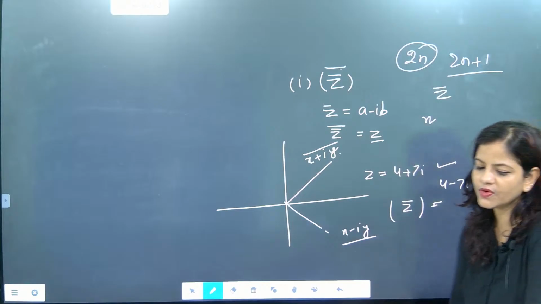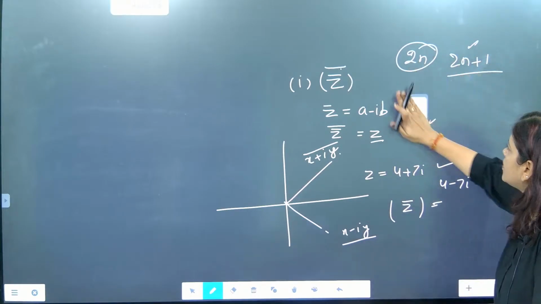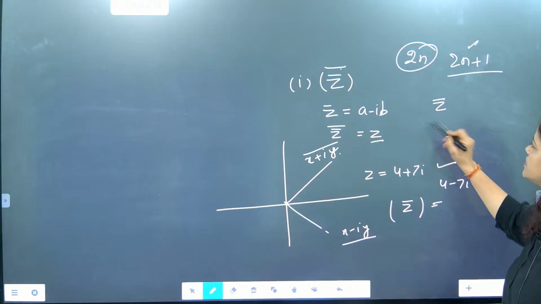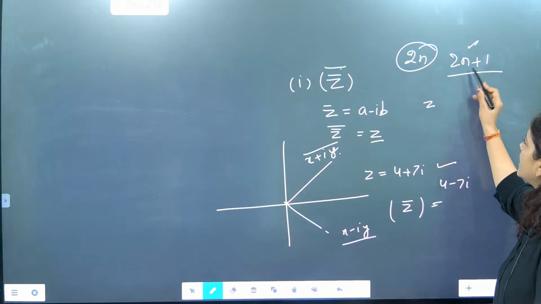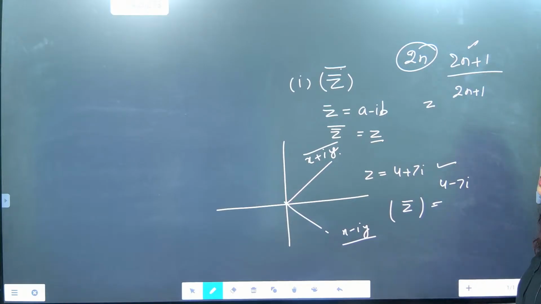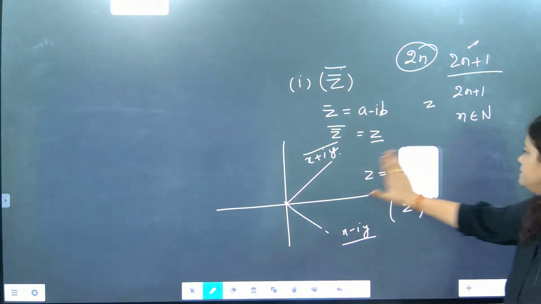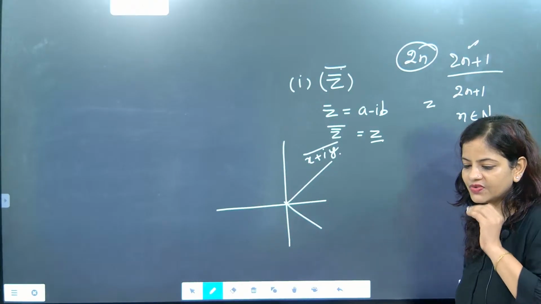So what is the conjugate of a complex number z when the conjugate is coming 2n plus 1 times and n belongs to the set of natural numbers? Come on, say. First basics, anything starts with ABCD.